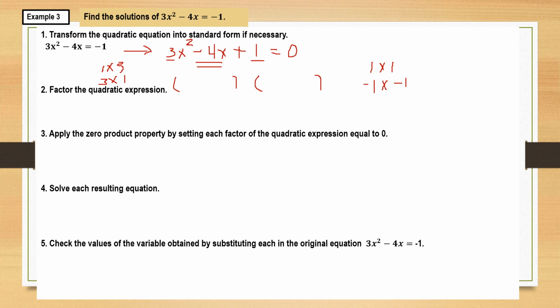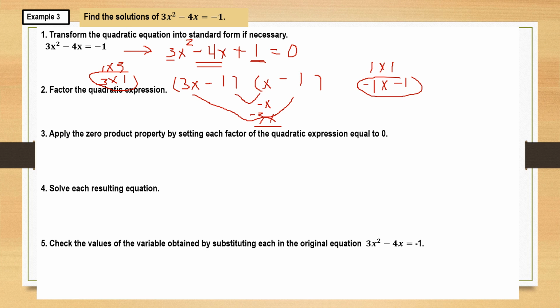Okay, so let's say we choose 3 times 1, so 3x times 1x. That is 3x squared. And then for 1, we have negative 1 times negative 1. So negative 1 times x is negative x. 3 times negative 1 is negative 3x.